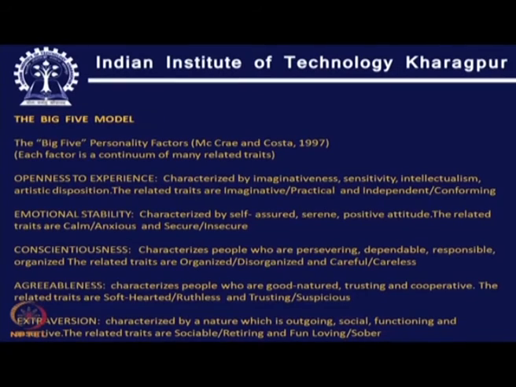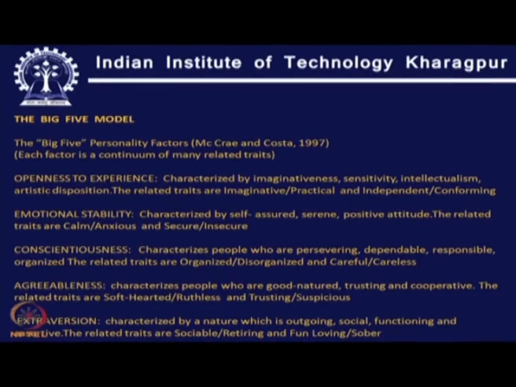In the OB area, we are mostly dealing with the Big 5 model when you are dealing with the employee's personality pattern, and this Big 5 model was given by McCrae and Costa in 1997.